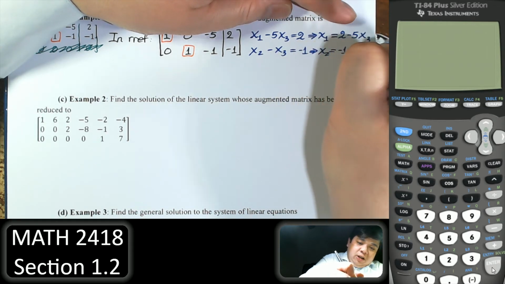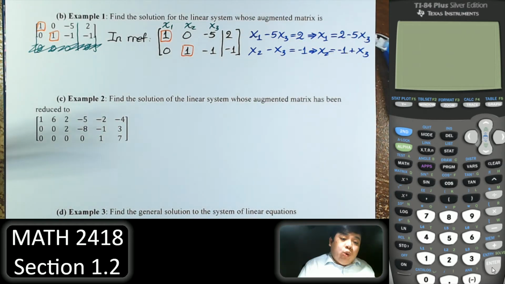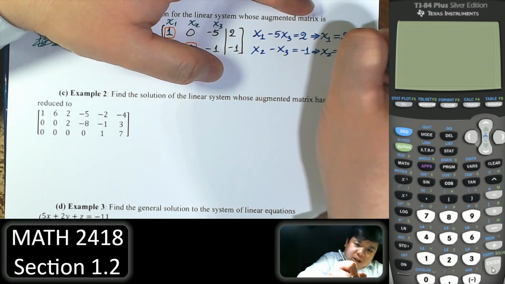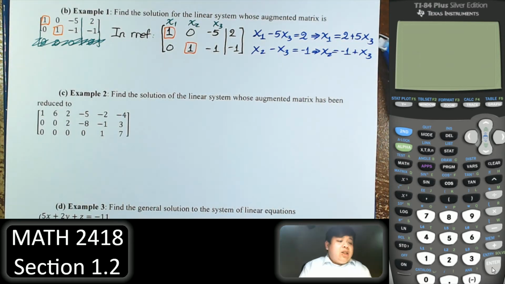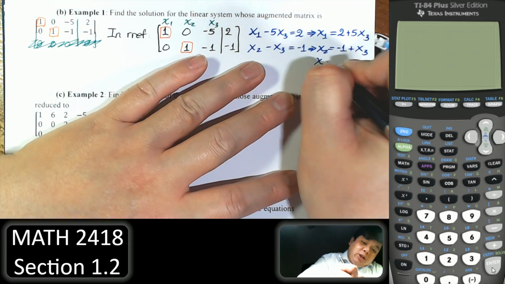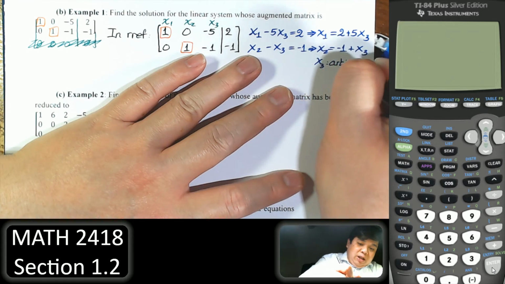So x1 is equal to 2 plus 5x3, and x2 is minus 1 plus x3, and x3 is free, so x3 is arbitrary, meaning it can be anything.